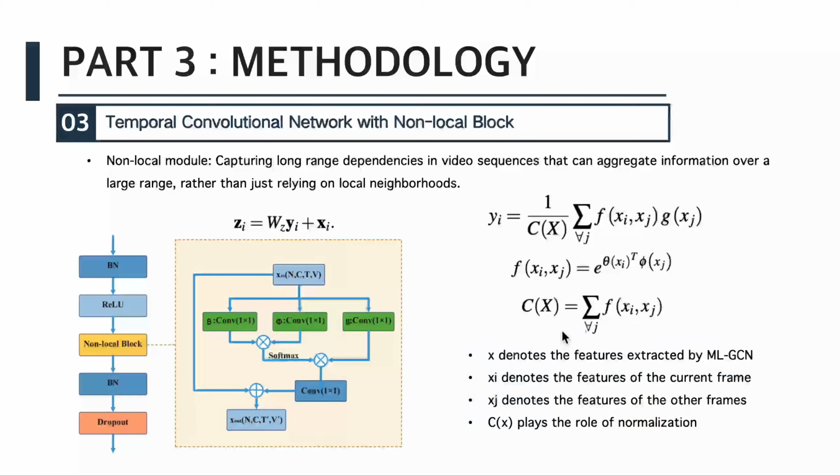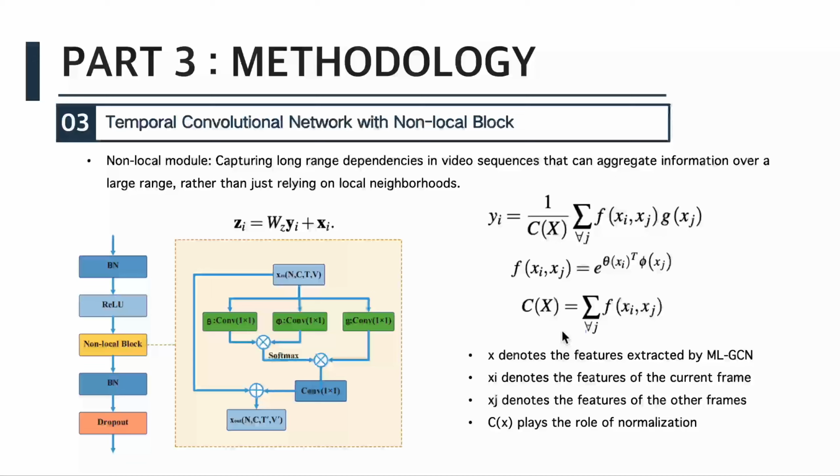Video sequences usually contain rich spatio-temporal information, in which the contextual information of the actions may be far apart in time. This requires the model to be able to simultaneously capture local feature information and understand the global dependencies in the entire video sequence.